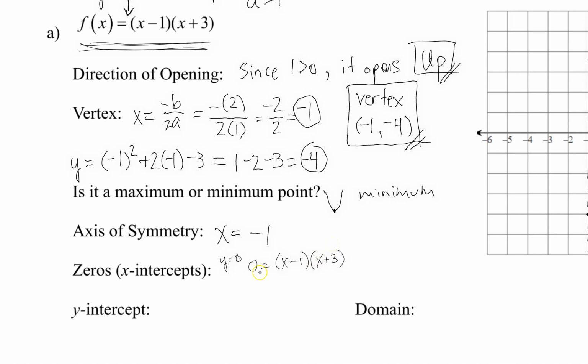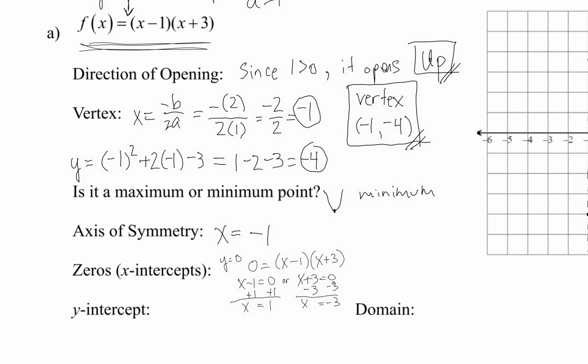So here we set these equal to 0, so I've got x minus 1 equals 0, or x plus 3 equals 0. And then I add 1 to both sides here. x then equals 1. Or here I subtract 3 from both sides, and x equals negative 3.